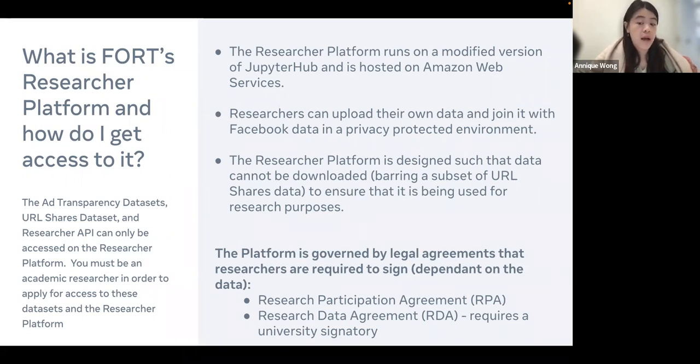The RDA provides independence for researchers and privacy protection for Meta users' data. We don't pre-approve research for publication, but the RDA does allow an opportunity for us to review for any personal and confidential information. And the RPA is signed by Meta, the PIs, and collaborators of your research project.